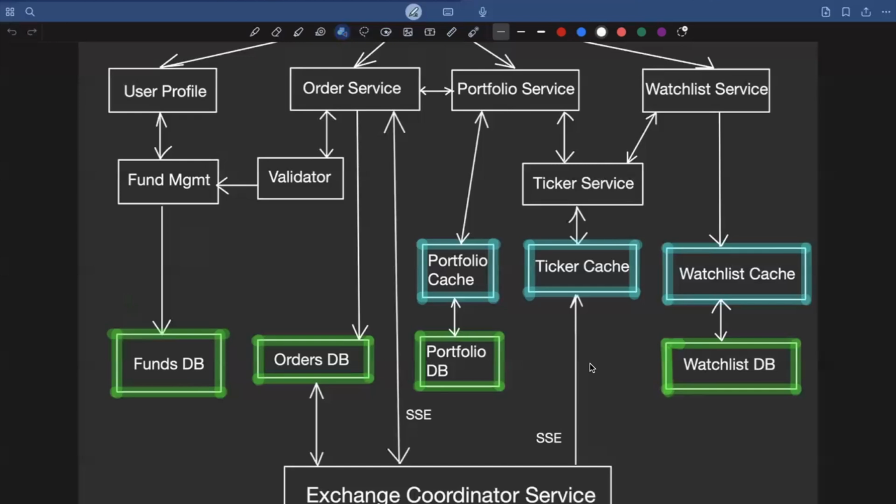Similarly with the watch list service, the watch list cache will be storing most of the day trader users, and only for a regular user, whenever they log in the first time, the data can be retrieved from the watchlist DB, and the data can be stored in the cache with a TTL of say 1 hour for the regular users. Considering there are 10 million regular users and 100 stocks and 20 bytes per stock, so 20 bytes times 100 is 2000 bytes for a user.